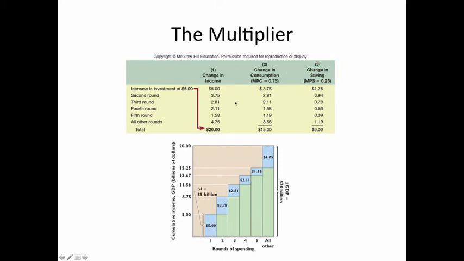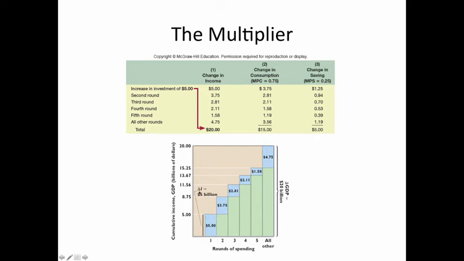Again, the MPC helps us work through each round of spending and how much of the change in income is passed on to the next round of spending. Down below, this diagram just replicates the same figures but shows it slightly differently. Again, this is our first round of spending.